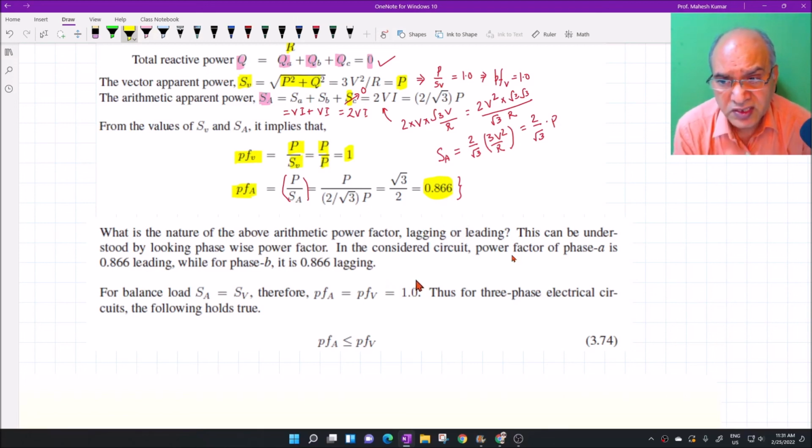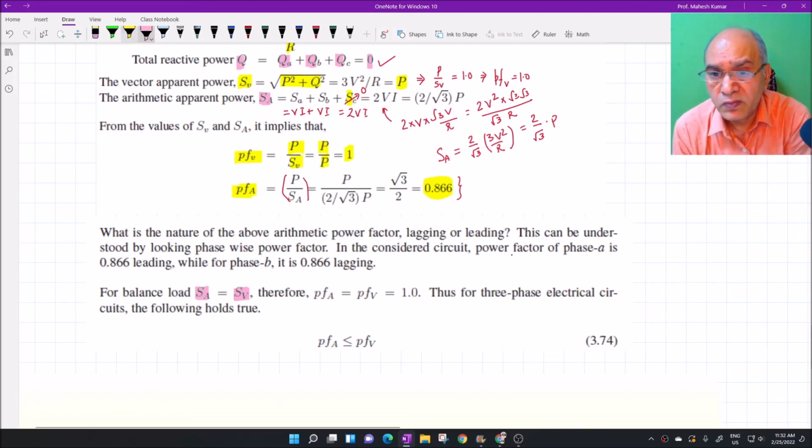But if the three-phase system is balanced, then these two power factors and two apparent powers are same. This is another interesting observation, that in case we have a three-phase balanced system, the arithmetic power and the vector power are same, and hence the power factor based on these two definitions are also same, that is 1.0, which is quite obvious.